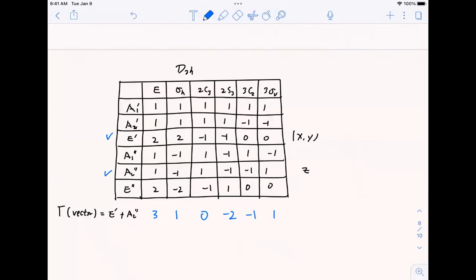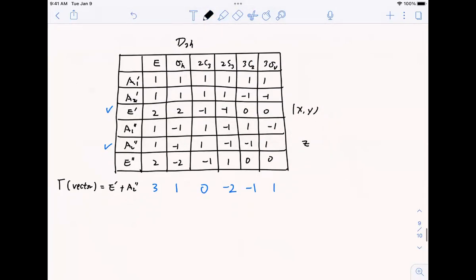Is that okay? Okay, so now let's get another one: the number of atoms whose position remains unchanged by symmetry.